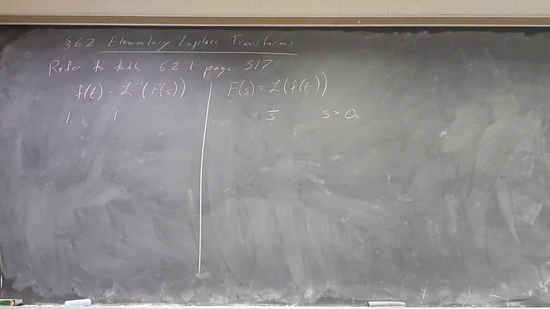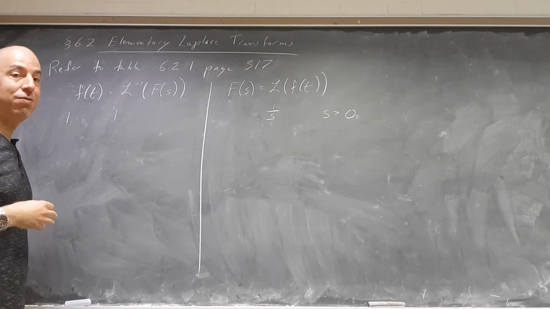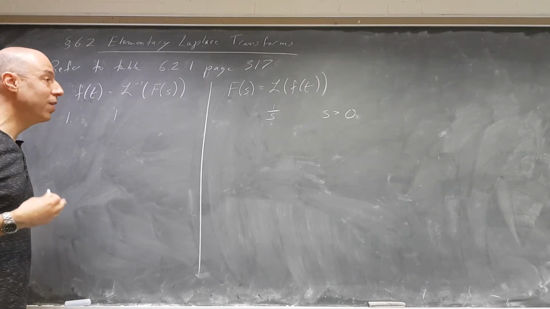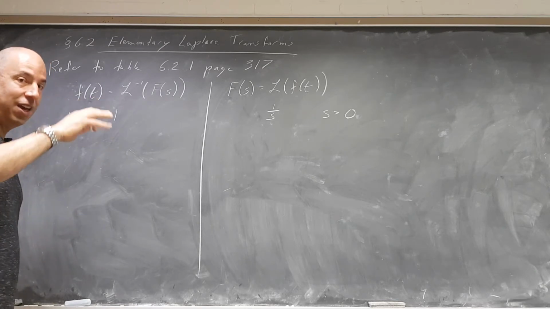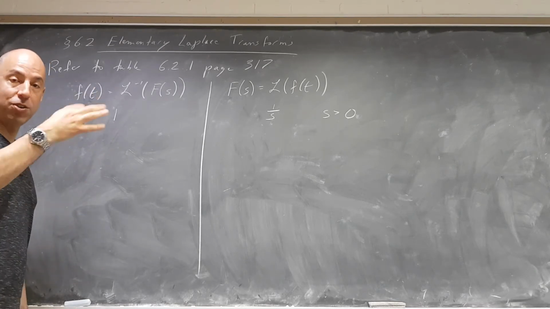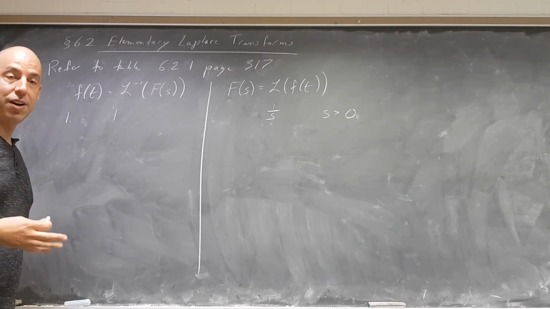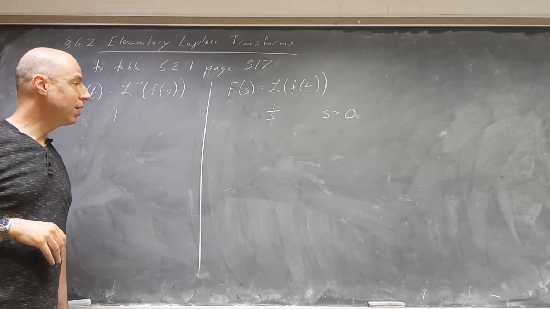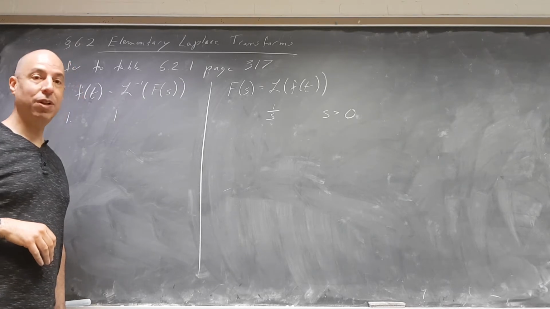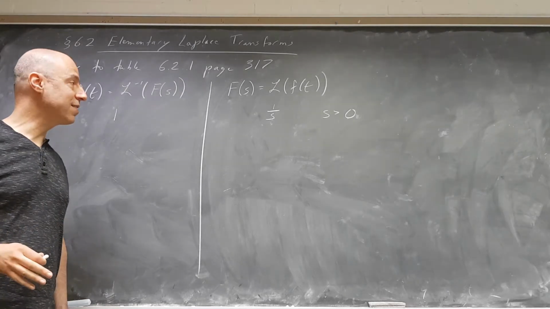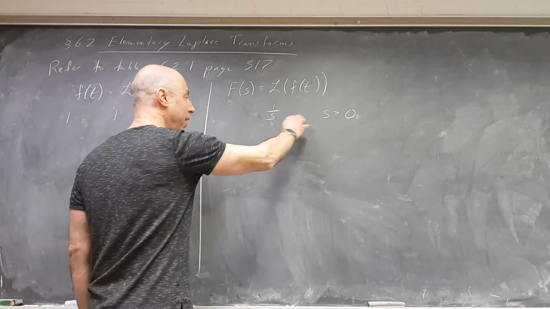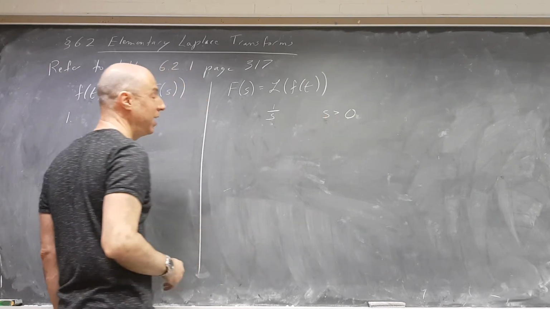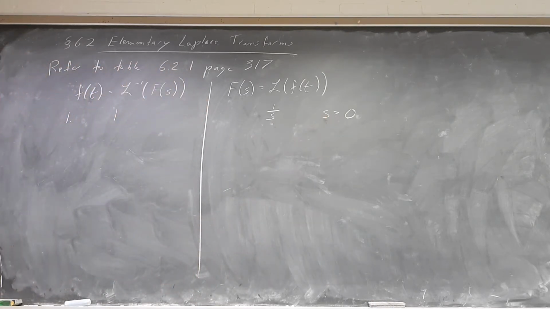You could easily do this the same way we found the Laplace transform of e to the t last time. Remember the definition. You take the integral from 0 to infinity, using t as your variable of integration. That makes t go away entirely, and you end up with 1 over s, and that improper integral only converges if s is greater than 0.